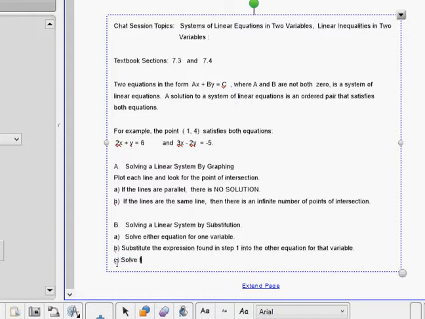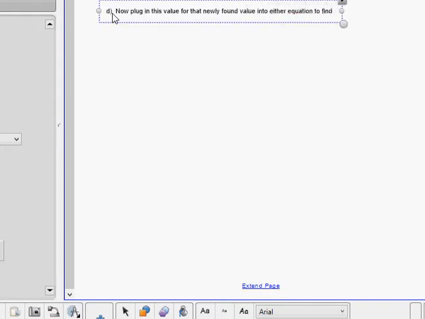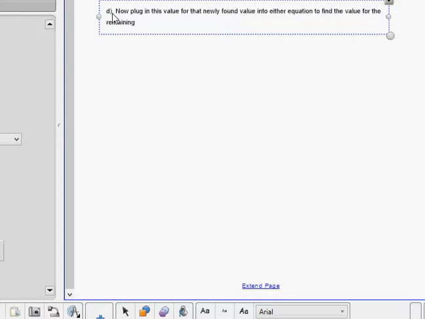Then you solve for the remaining variable. Now plug in the newly found value into either equation to find the value for the other variable.